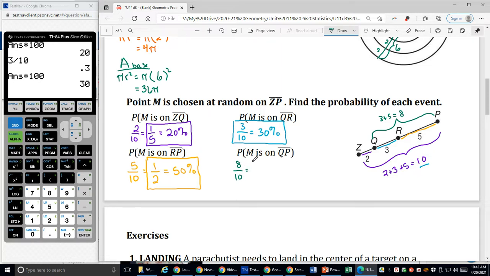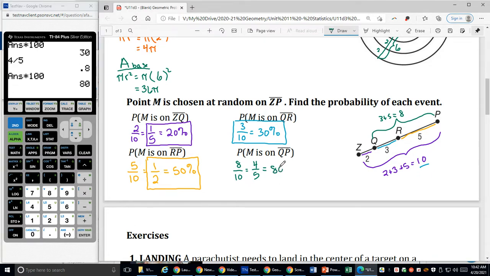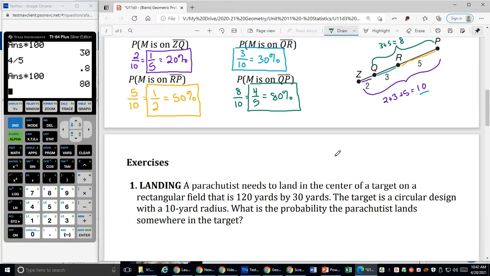That would be 4/5. And 4/5, 4 divided by 5 times 100 is 80% of the time for my probability that I land on QP. So 80% of the time, I'm going to land anywhere other than this little tiny purple section. Okay, let's look at the next example.